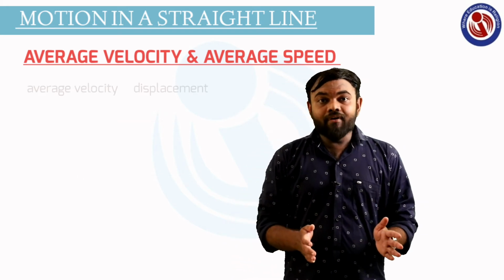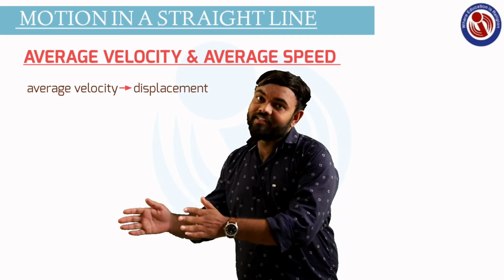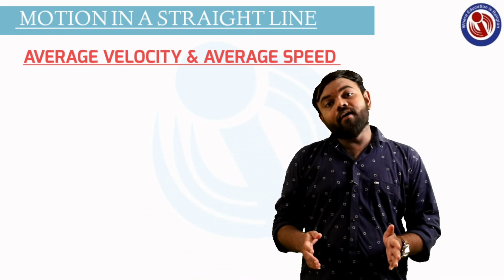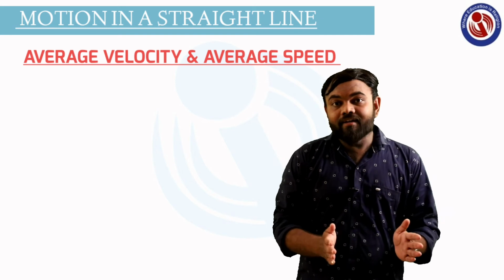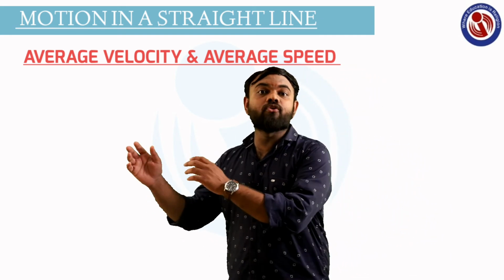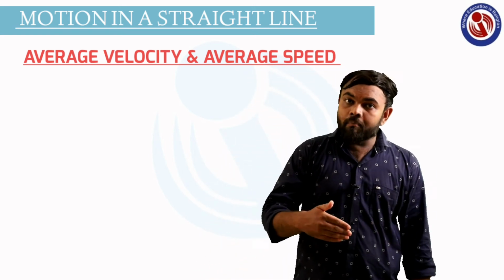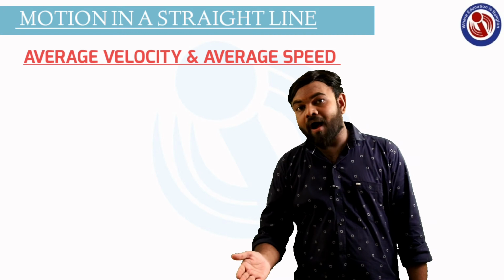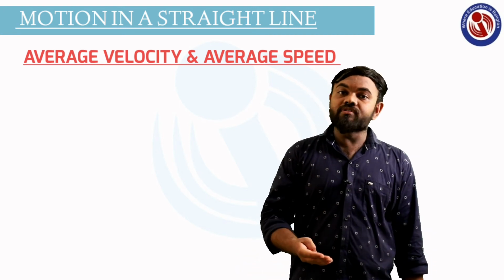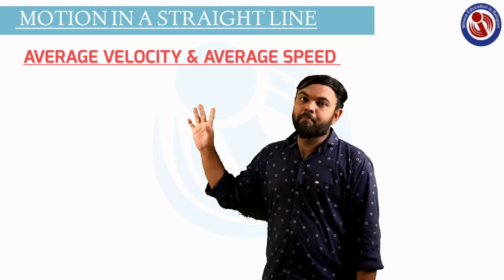Now, average velocity depends on the displacement. Earlier we saw the magnitude of the displacement may be different from the actual path length. To describe the rate of motion over the actual path length, we introduce another physical quantity, that is average speed.